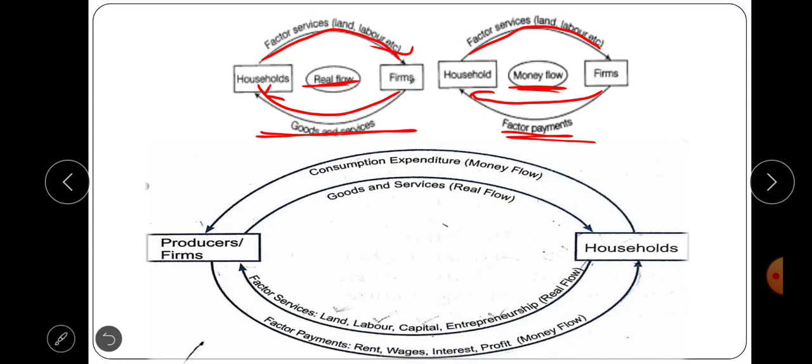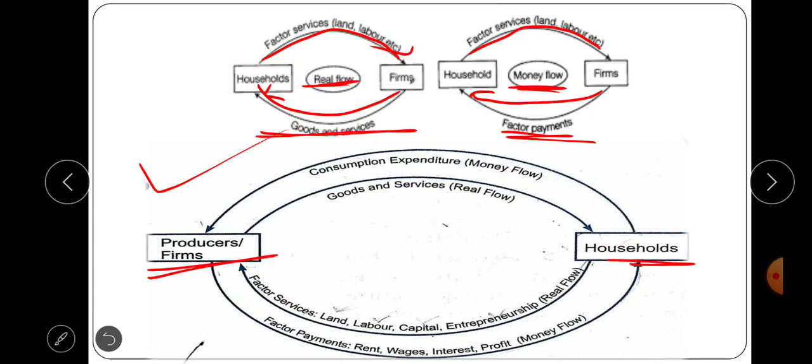Okay, so with the help of this diagram, you can easily understand the flow of cash, or what is the circular flow of income. So here we consider two sectors, that is producer or firm and household.